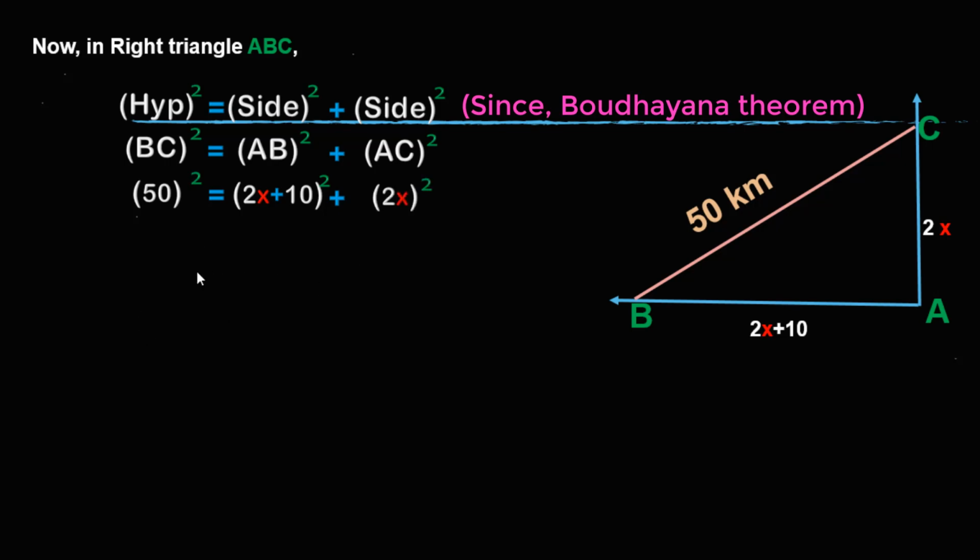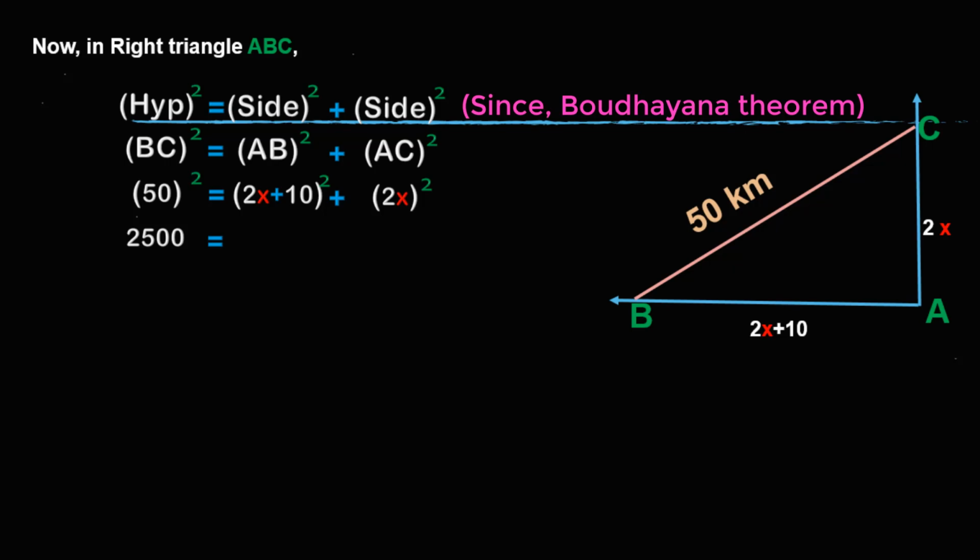Now by simplifying this, 50 square equals 2500, which equals, if we see 2x plus 10 whole square, it is clearly in the form of a plus b whole square. And we know that a plus b whole square equals a square plus b square plus 2ab. So in the place of a we have 2x and in the place of b we have 10. So we can expand this as a square first.